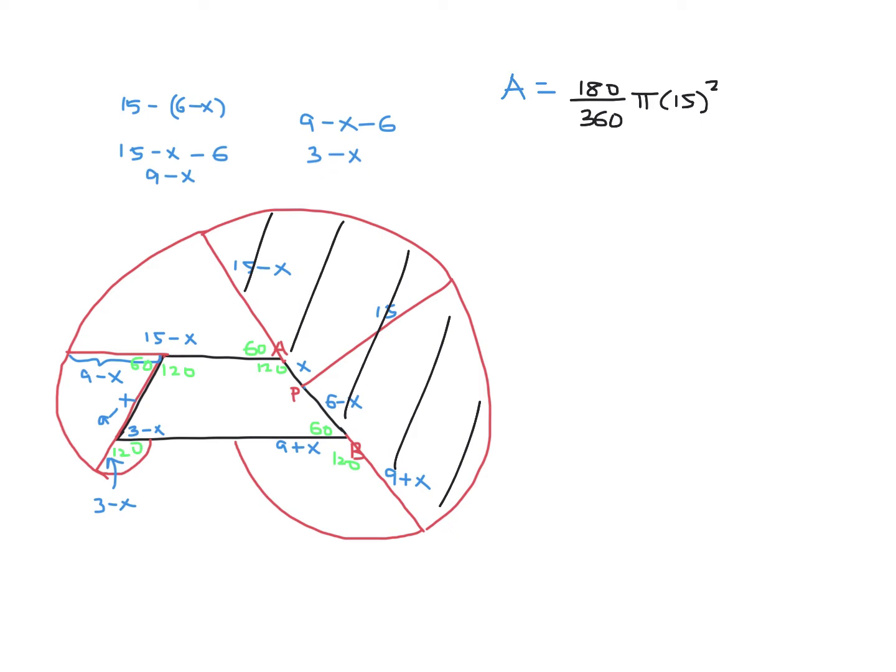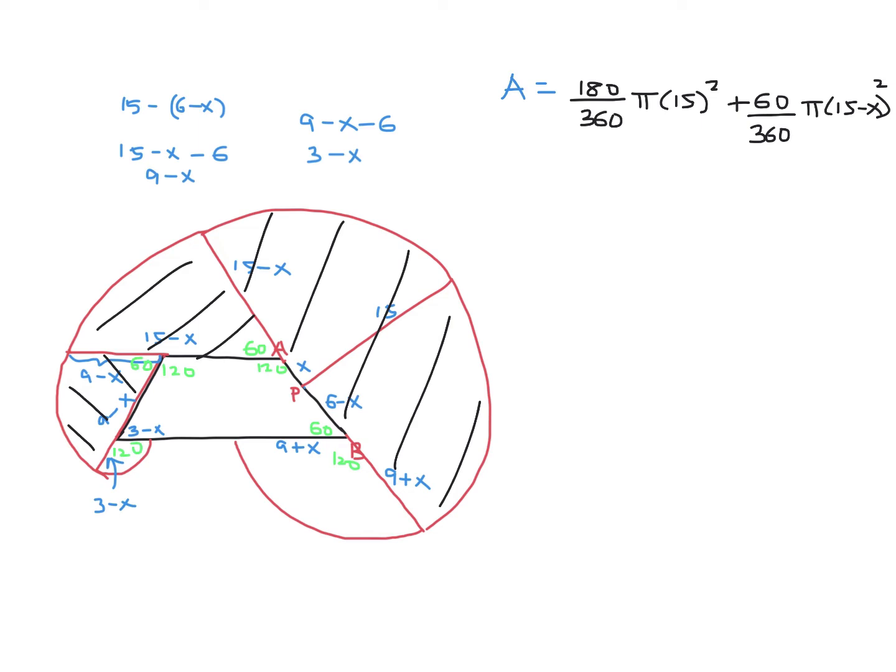And then next one, we can do, I guess this one, that would be 60 over 360, and then the radius in that I have labeled as 15 minus x, so pi 15 minus x squared. Okay, next one, it doesn't matter which order you do it in, but I guess we can do this one.